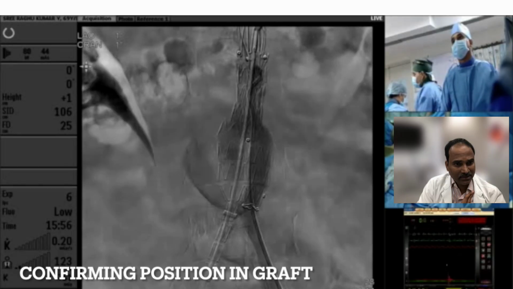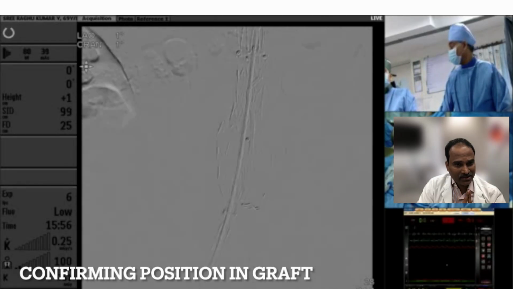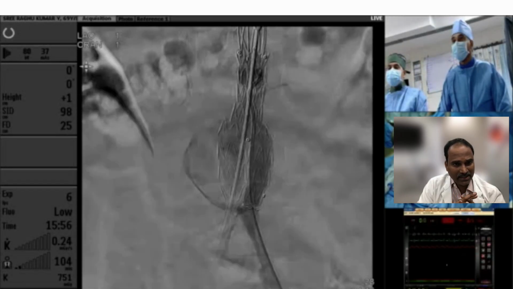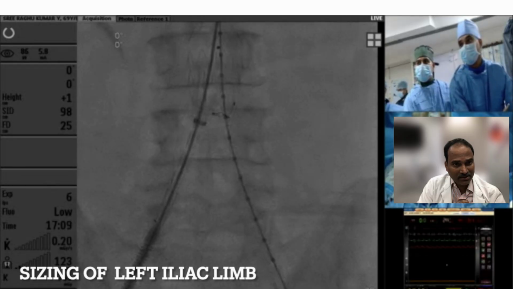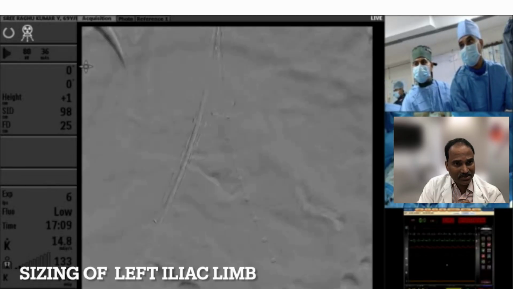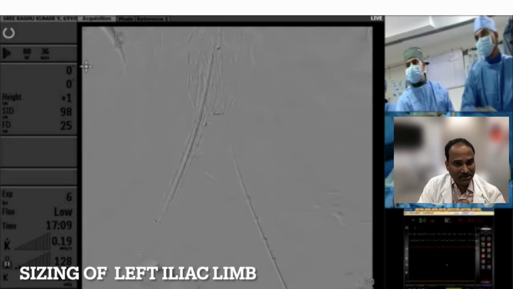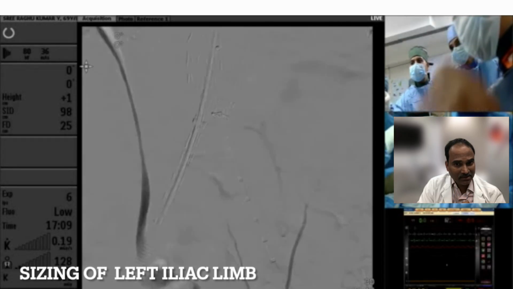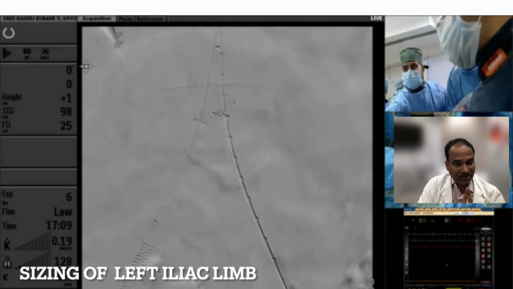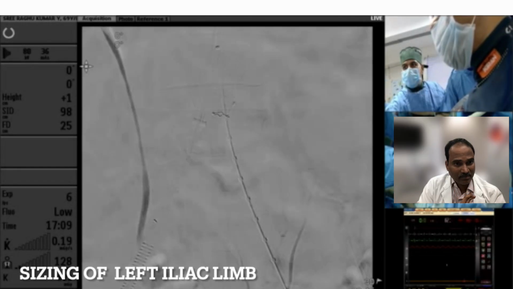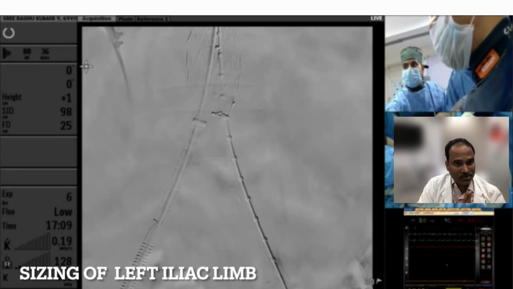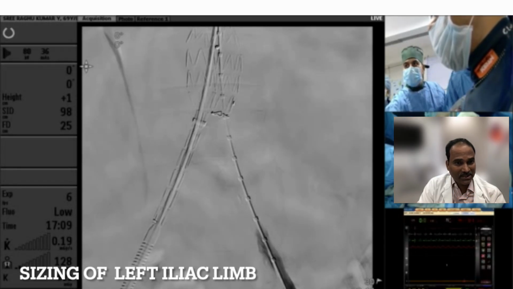And then we took an iliac extension. We sized the iliac extension. This is sizing of the iliac extension. So we took a 90 millimeter, 16:10 tapering device, based on Mocker pigtail assessment.